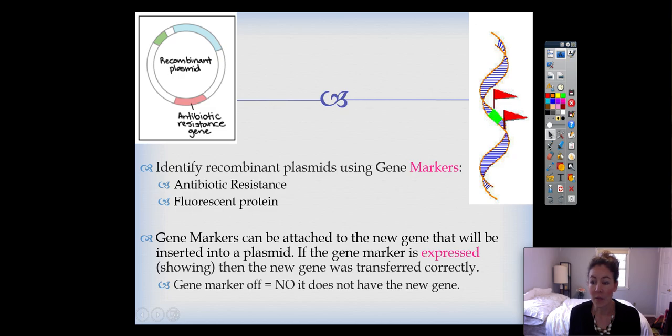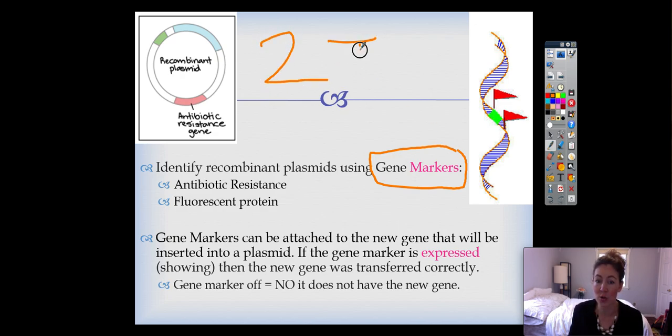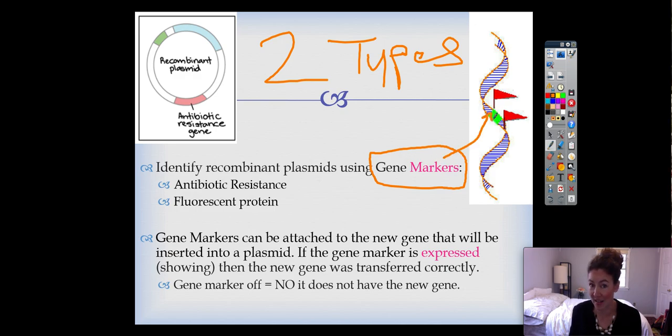So here we go. If you identify recombinant plasmids, you can use two types of gene markers as your identification tool. Remember, these are our two types of identification. A gene marker, which we're going to learn about in a second, is kind of like flags, showing you exactly where a gene is.